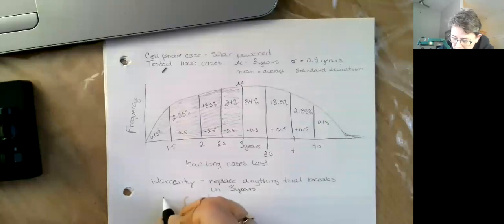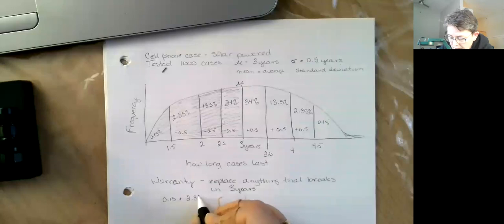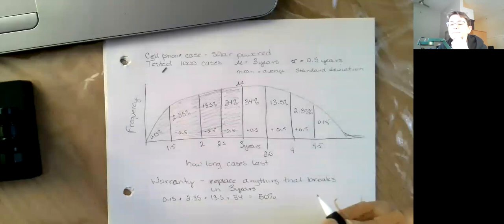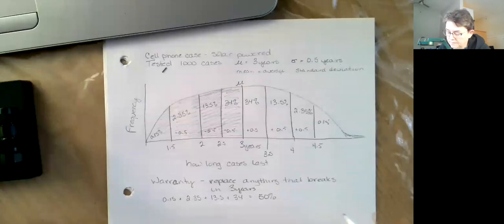So I'm just going to add them up. 0.15 plus 2.35 plus 13.5 plus 34. And I know for a fact that's 50%. Now, I'm not really good in business, but I don't think I want to set out a warranty where I'm replacing 50% of my product. I'm going to lose an awful lot of money doing that. That seems way too high.